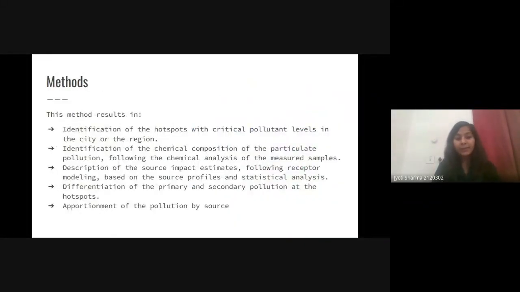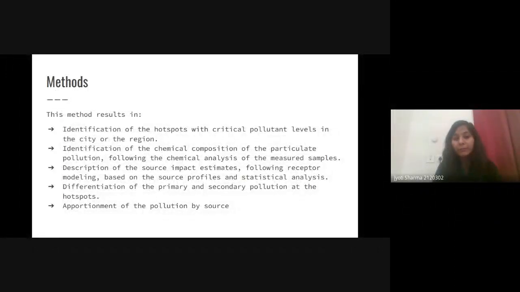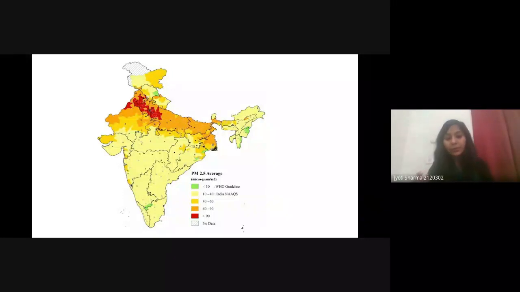And there are some steps by which we can calculate this. First, we identify the hotspot with critical pollutant level in the city or the region. For example, you first see how much pollution we have in one region, and select the hotspot region where the maximum pollutant is present.